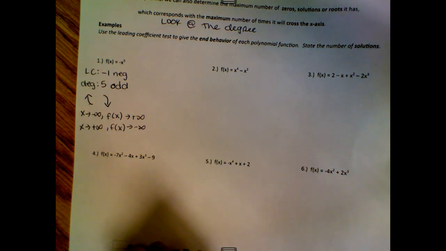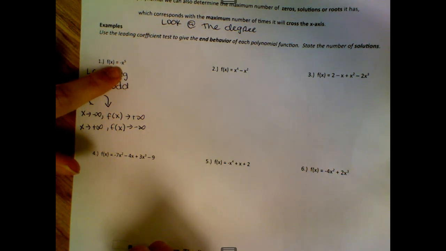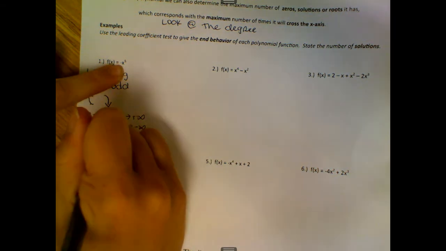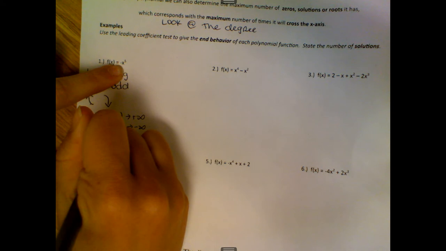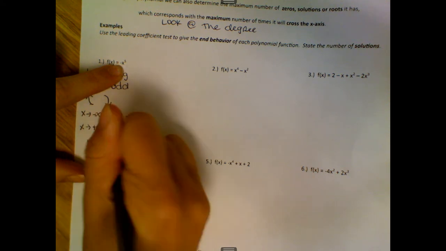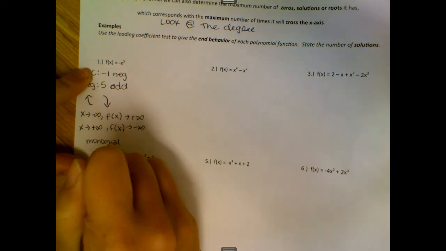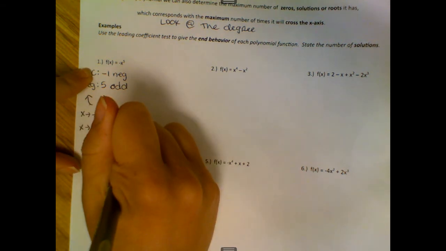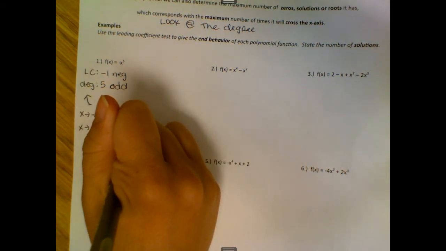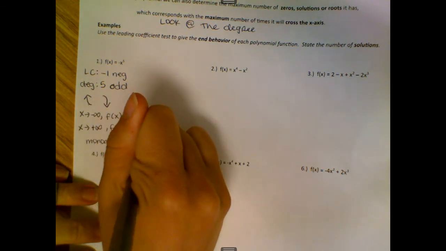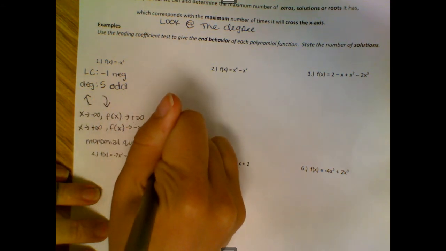Last thing we're going to do is we're going to practice classifying this. So this is a one term. So one term is monomial. And its degree is 5, so it's a monomial to the 5th degree, which we said was called quintic polynomial.